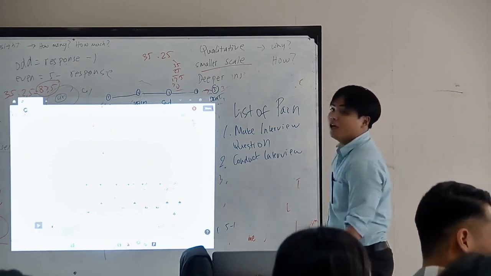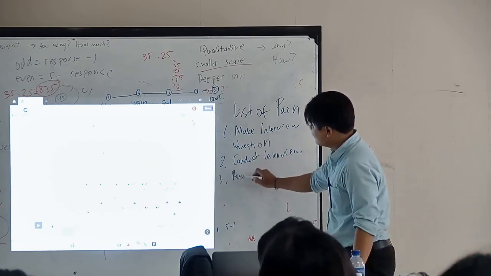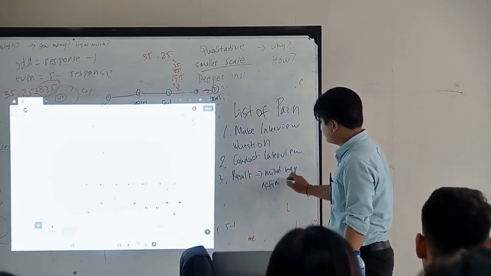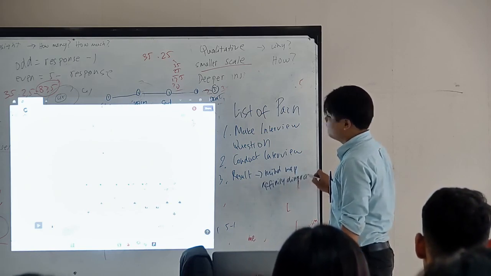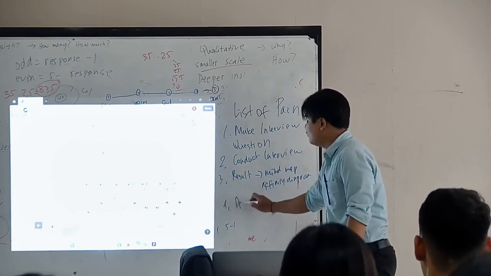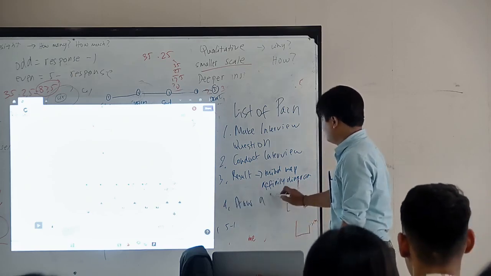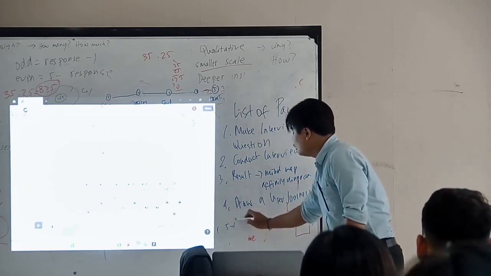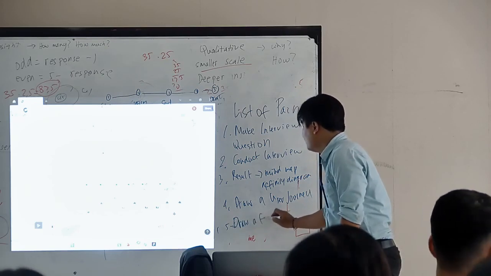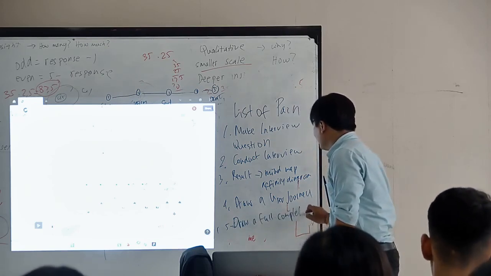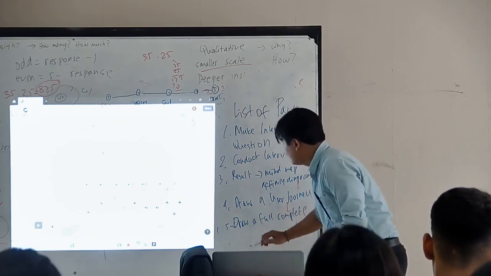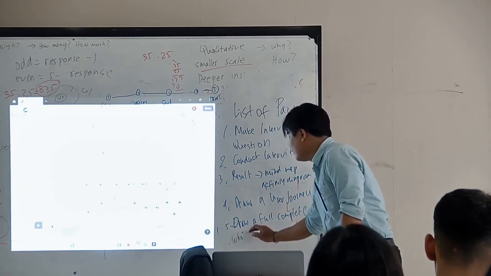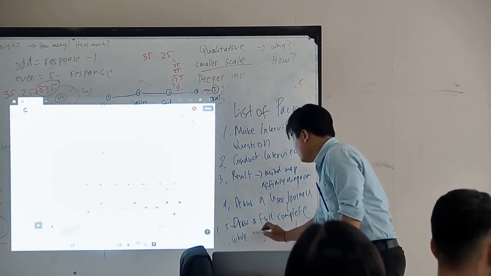Third, you draw the result into a mind map or affinity diagram. Fourth, you draw a user journey. Fifth, you draw a full, complete wireframe.